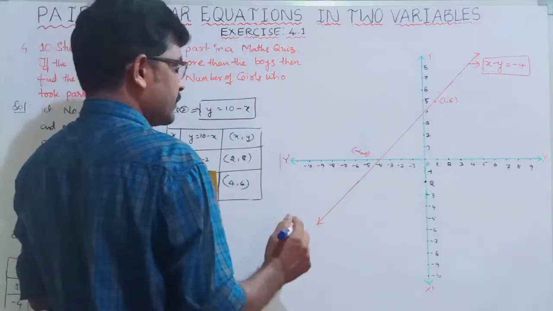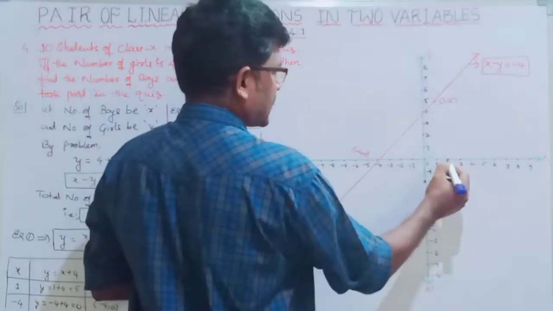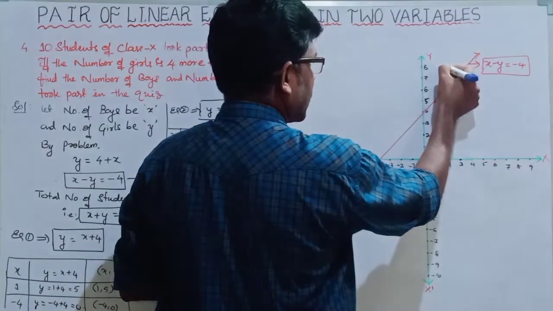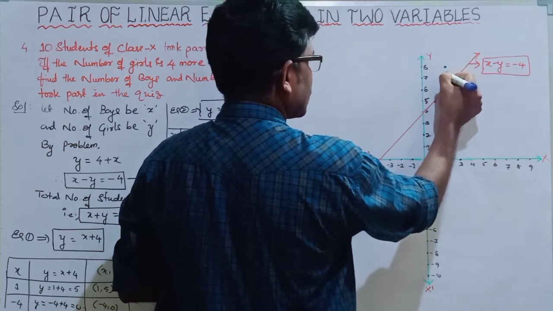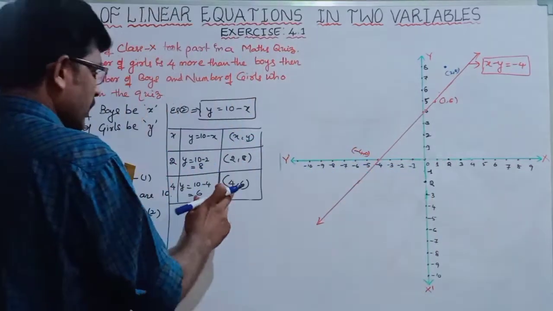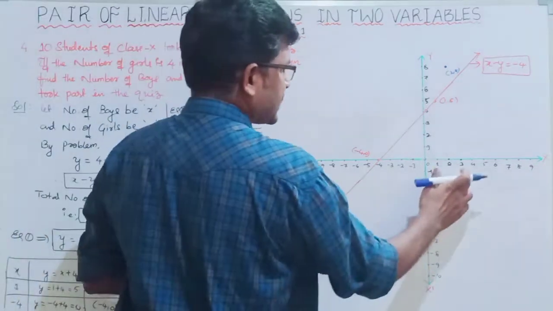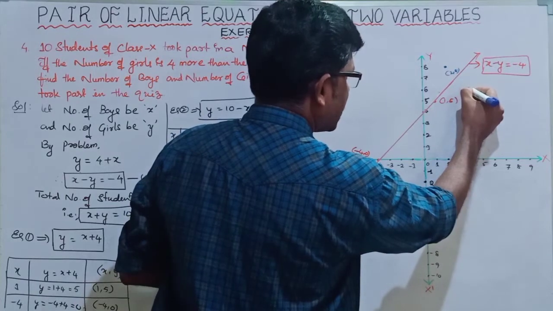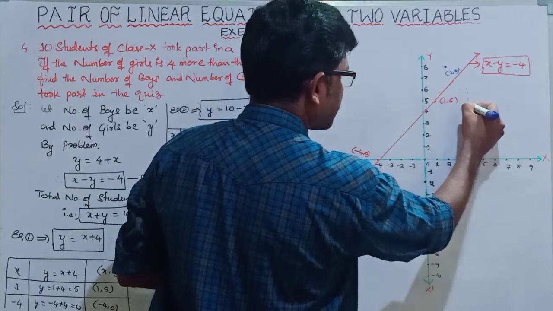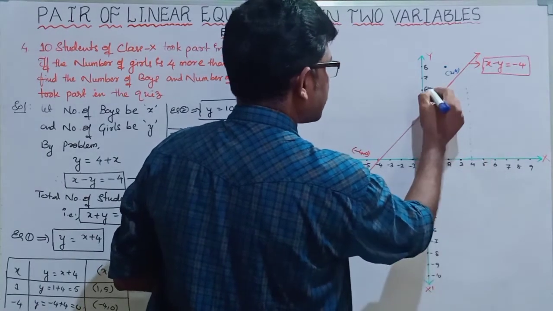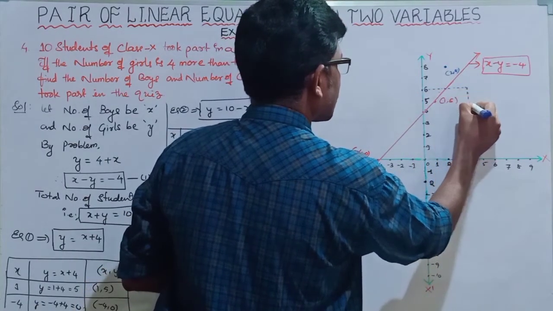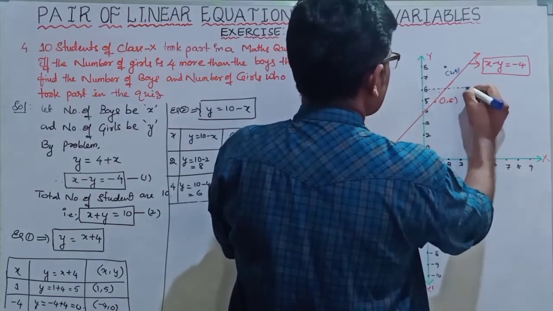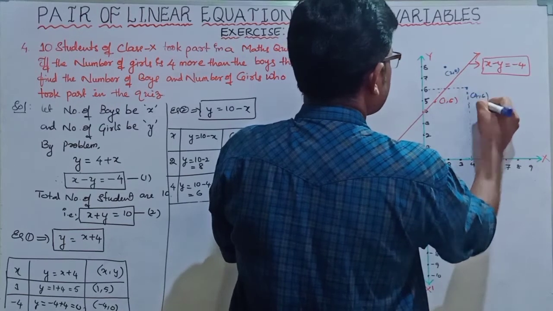In the graph, 2 comma 8: x equals 2, y equals 8. Then the second point 4 comma 6: x equals 4, y equals 6.